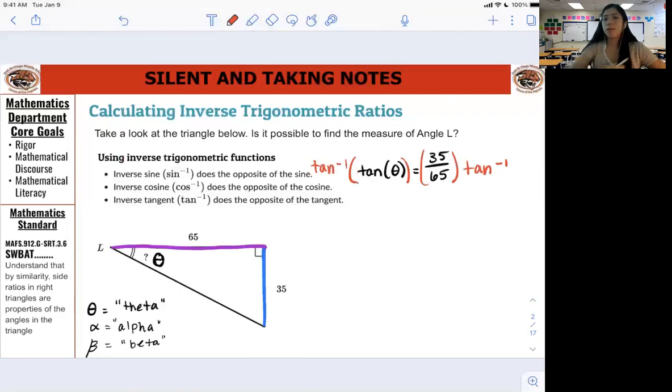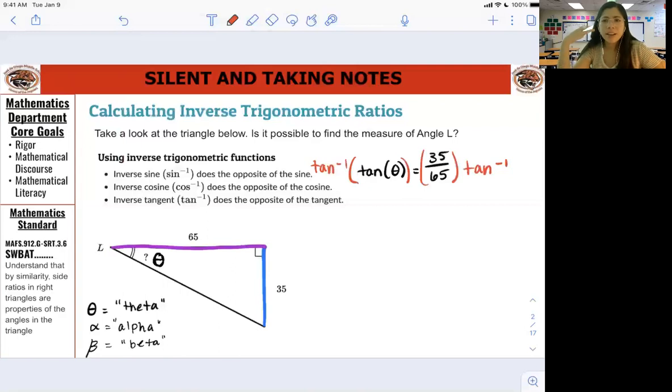What did I just say? What does the inverse tangent do to the tangent? Doesn't it kind of cancel it? Good, it cancels it out.